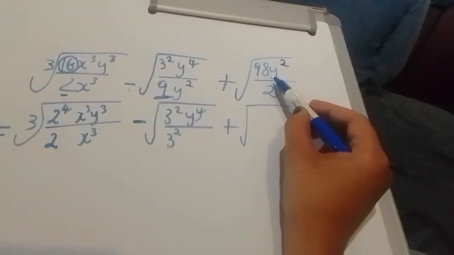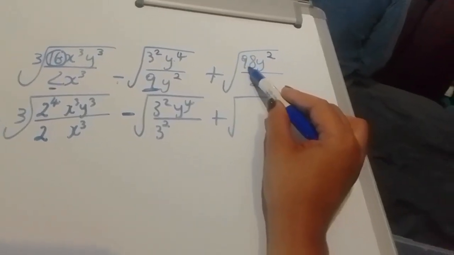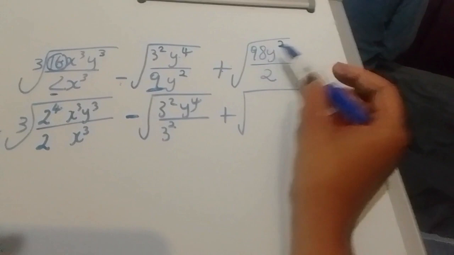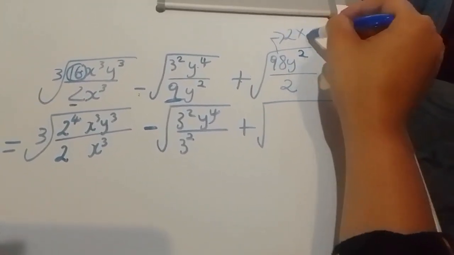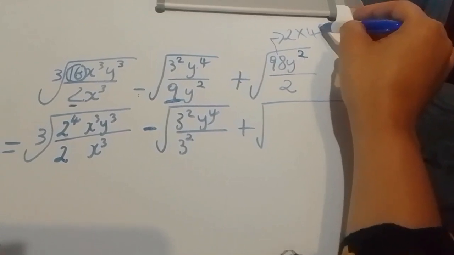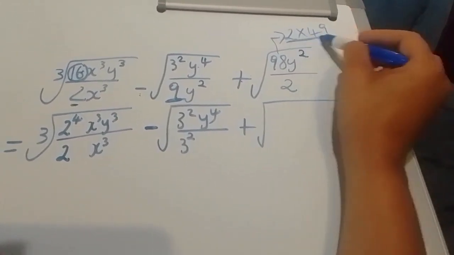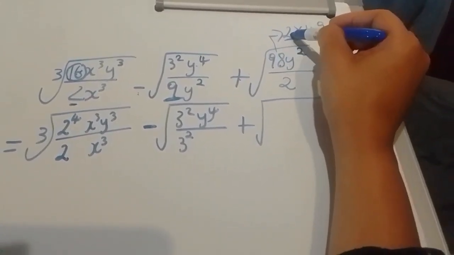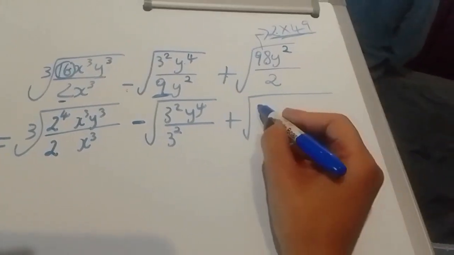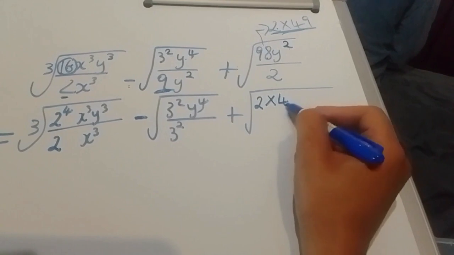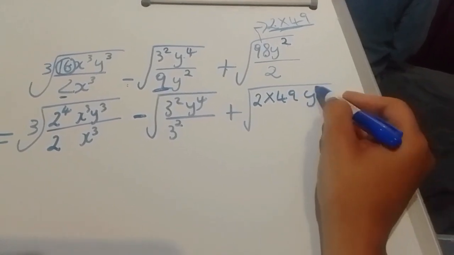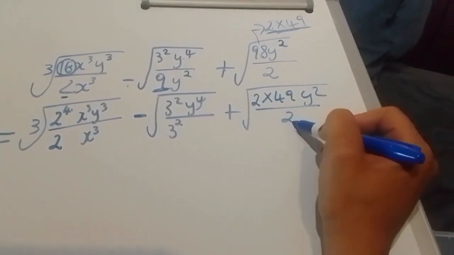On this side, 98 is not a perfect square, but I can break it down to 2 multiplied by 49, which at least gives me that 2 there. So we can say 2 multiplied by 49 y squared over 2.